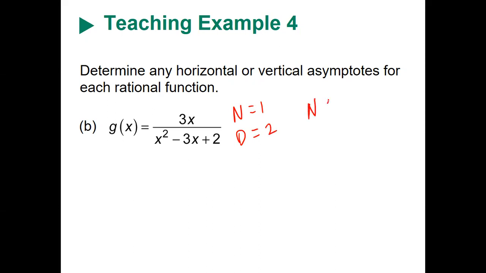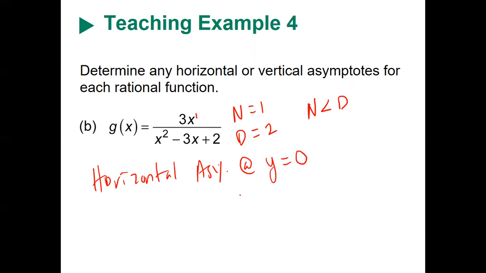So in this case, n is less than d. Therefore, it's a horizontal asymptote at y equals 0. So when n is less than d, that means you have a horizontal asymptote.